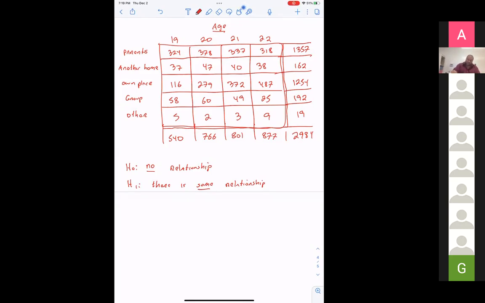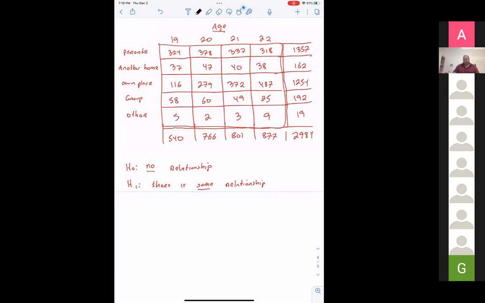So how do we attack a problem like this? The answer is as follows. If there's no relationship at all, then the 1357 people who live with their parents should be spread evenly amongst the 4, correct? In some sense, right? Do you agree with that? Yes.